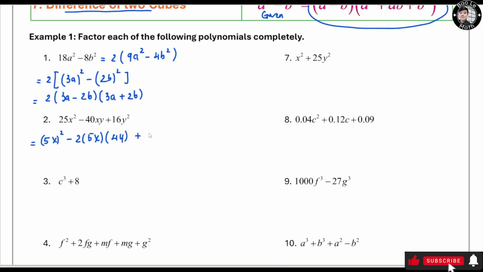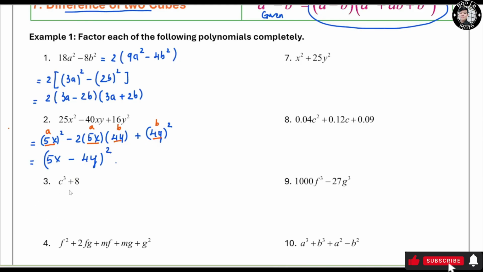And the third term right here should be 4y altogether squared, right? And this guy is actually a complete square, right? So it could be 5x minus 4y altogether squared, right? This one right here is a, this is b, and this one is b, right?